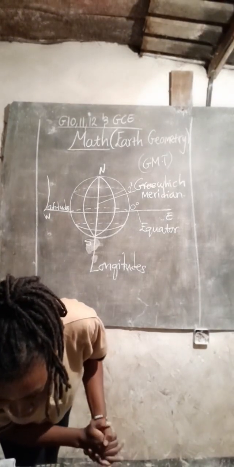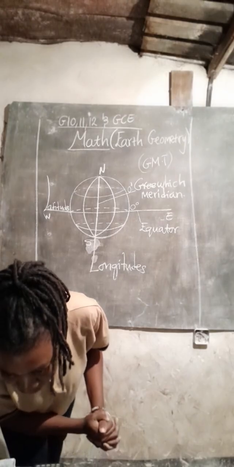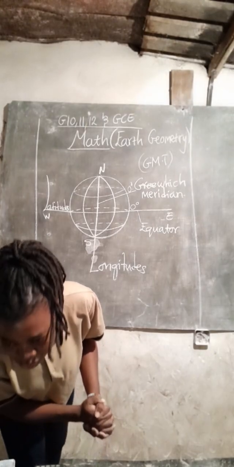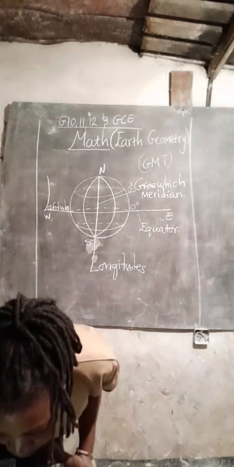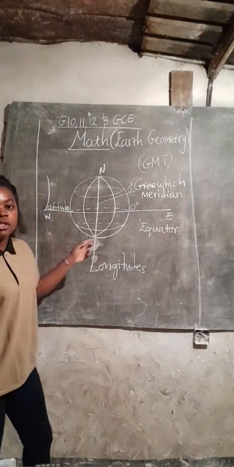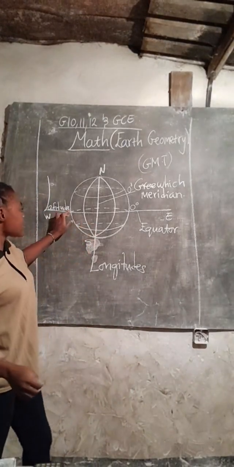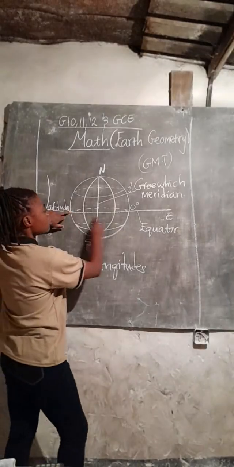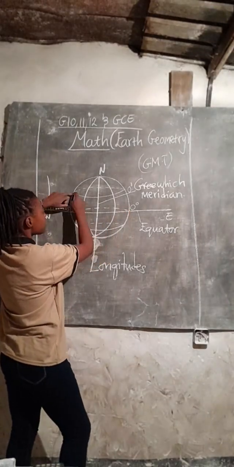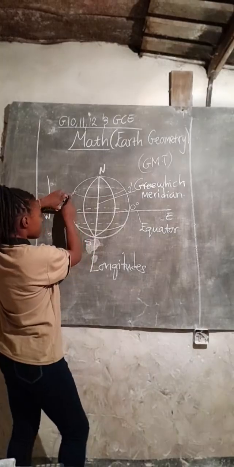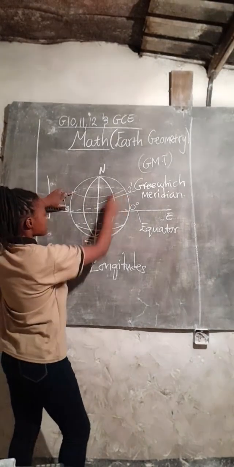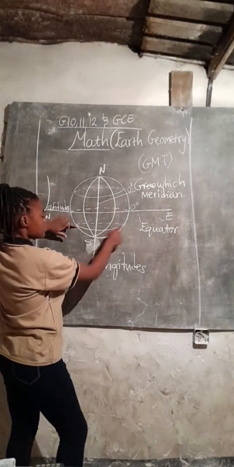You're welcome, Gerard. Clear. What are lines of latitude? So the lines of latitude are lines that are running from east to west. Meaning all these lines that are coming from the west going to east are called the lines of latitude.